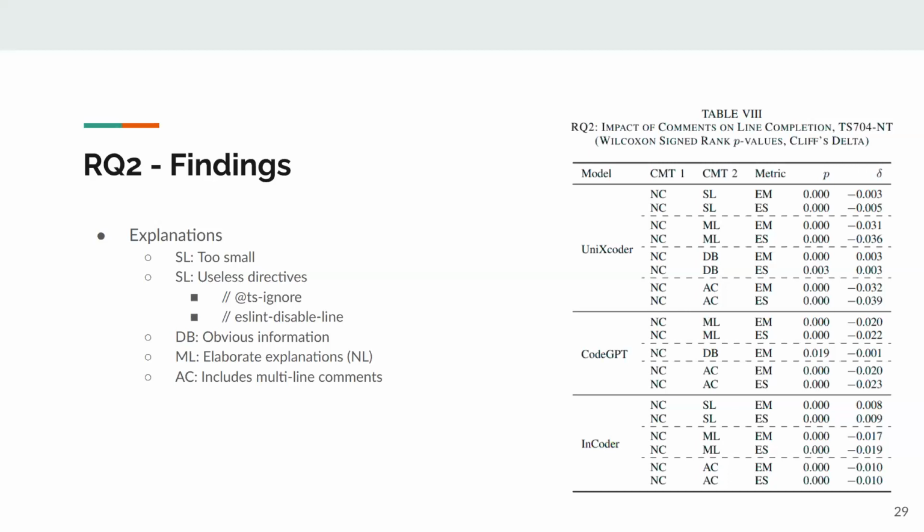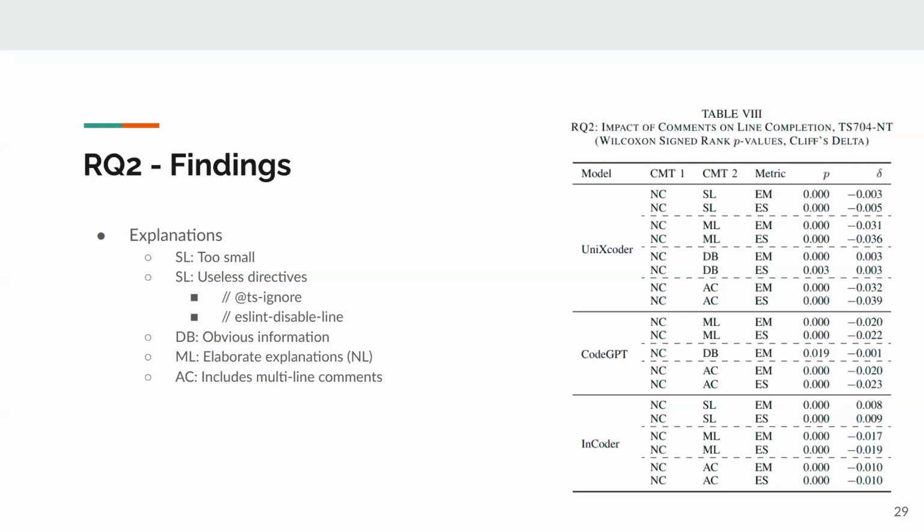And if we look at the difference between multi-line comments and all comments, we see that the effect size is slightly different in some cases. This could be explained by possibly some useless comments taking up space that could have been used for source code tokens instead.